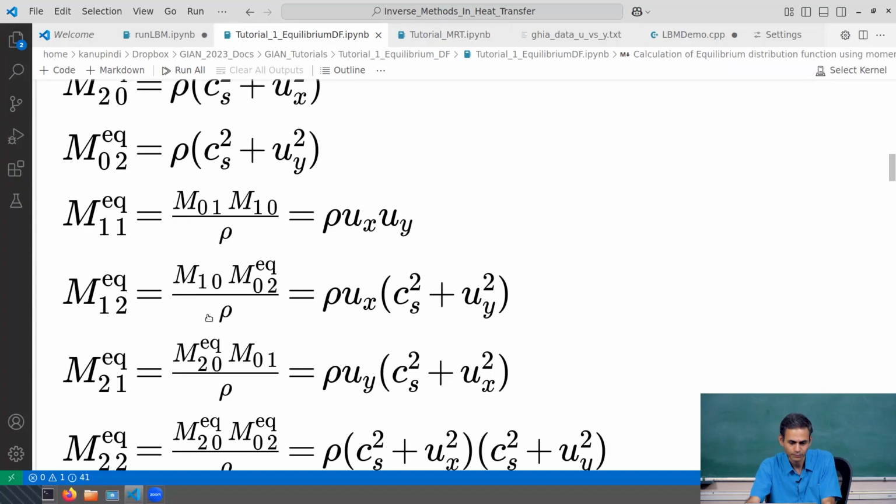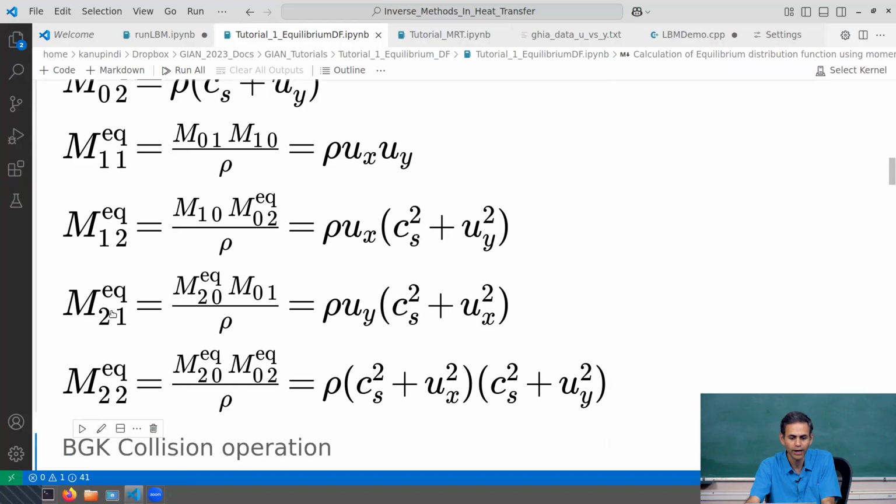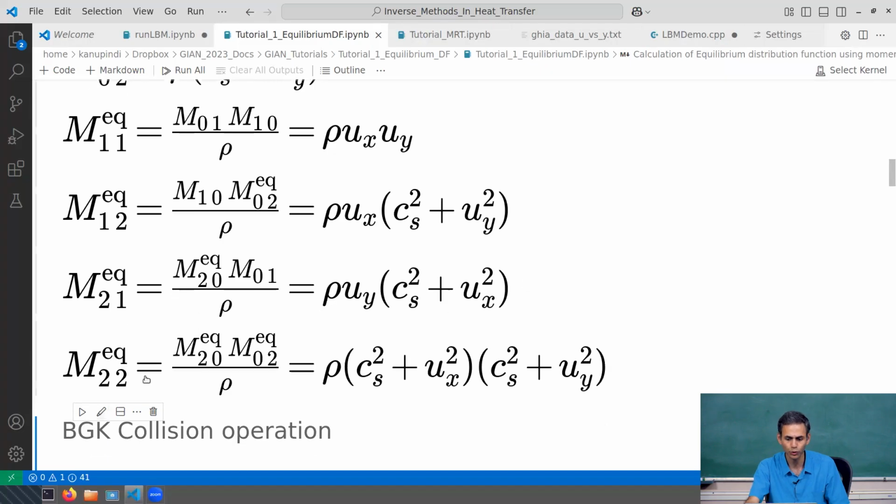Similarly, M21 equilibrium is the product of the two moments, M20 and M01, divided by rho, which gives rho times uy times (CS square plus ux square). And then M22 equilibrium is again the product of M20 and M02 divided by rho. That gives rho times (CS square plus ux square) times rho times (CS square plus uy square) divided by rho, which cancels out one of the rhos.